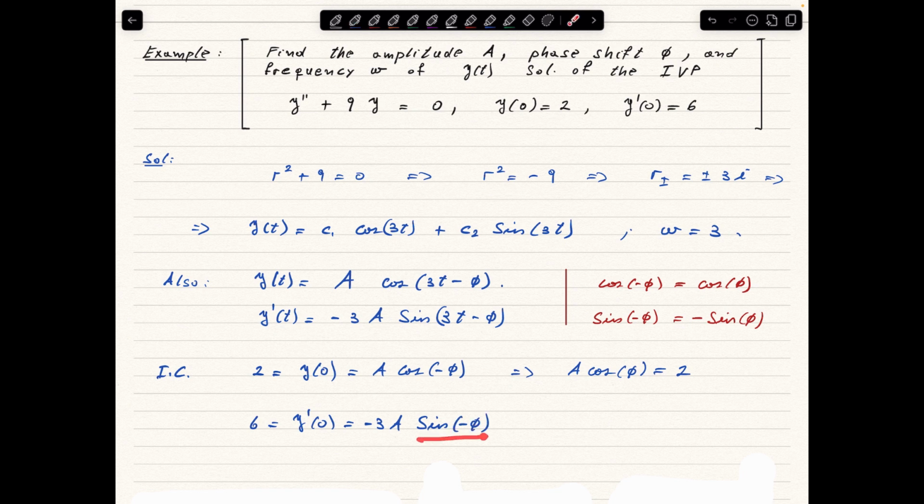But you see the sine of negative phi is going to be negative sine of phi, so this negative goes outside, cancel this negative sign. And also we have here a 3 that is going to be cancelled into a 2. And after all that, we end up with a sine of positive phi equal again 2.